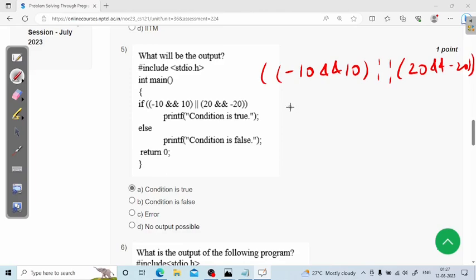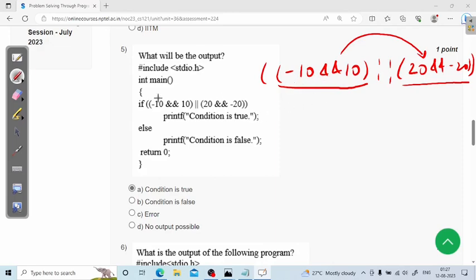Now if you look carefully, first of all we have to execute this section. If this is not giving us true, then we will move to this section, and if both sections are not giving us true, then we will consider the answer as the else part. Otherwise, if any one of them gives us true, the condition is true.